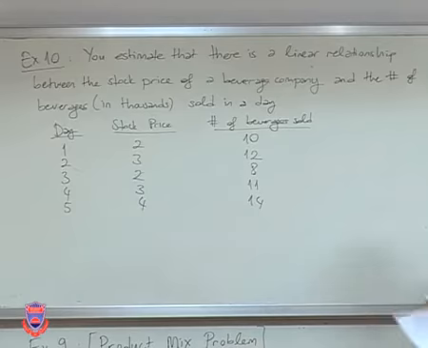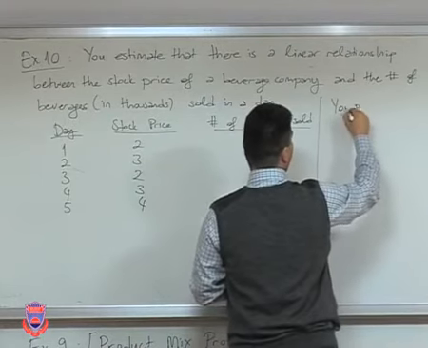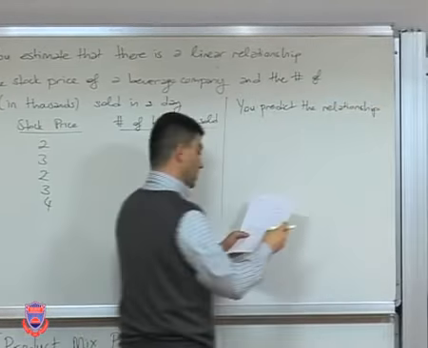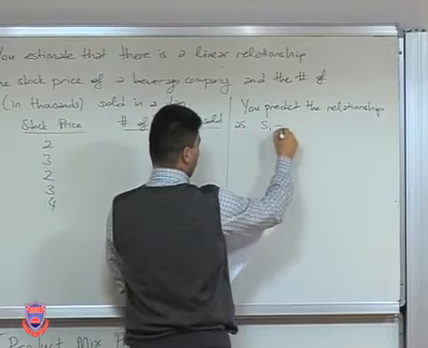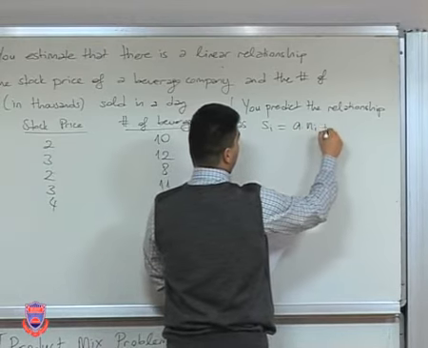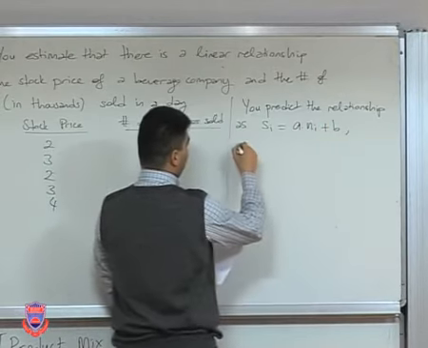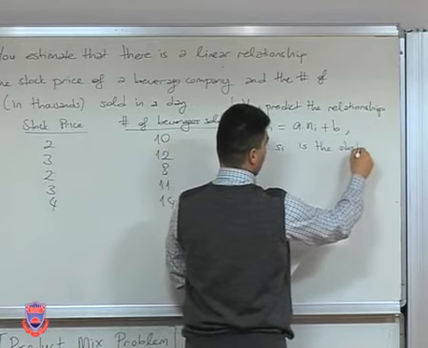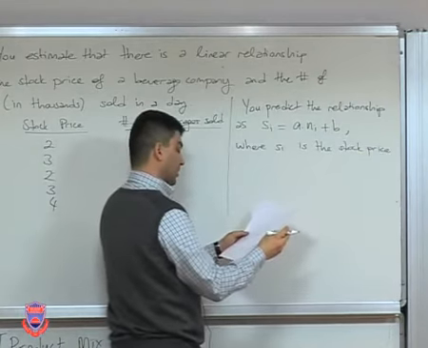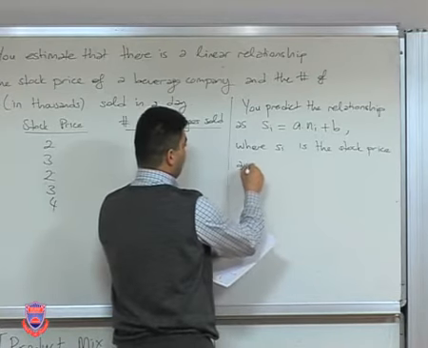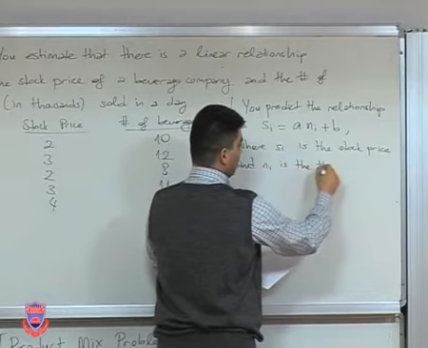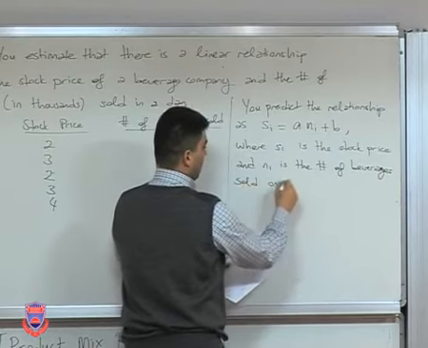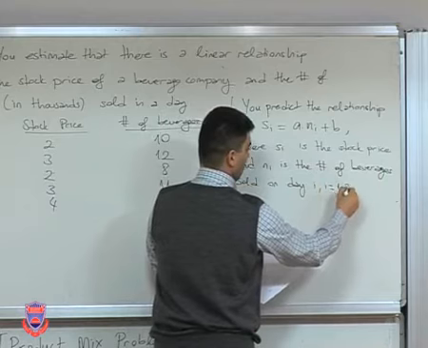So essentially, you predict the relationship as S_i equals A times N_i plus B, where S_i is the stock price, and N_i is the number of beverages sold, on day i. So i can be 1, 2, 3, or 4.